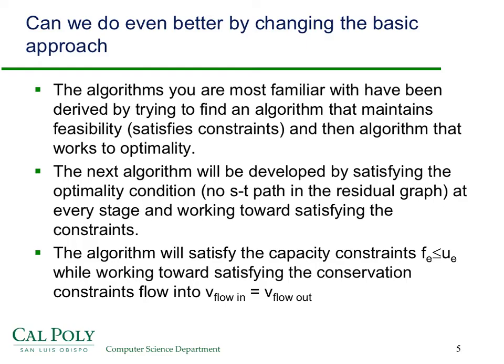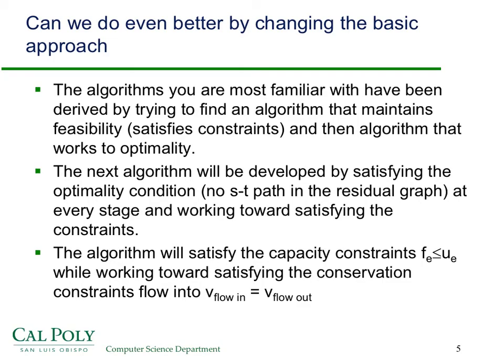So this slide just reinforces what I said on the previous slide. Most of the algorithms that you're familiar with maintain feasibility. In other words, they satisfy the constraints, and then the algorithm works towards optimality. But the algorithm we're going to do, push relabel, we're going to set things up so that throughout the execution of the algorithm, the optimality condition will be satisfied, namely no ST path in the residual graph at every stage, and we will work towards satisfying the constraints.